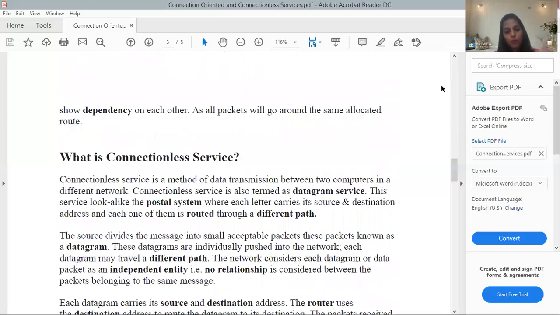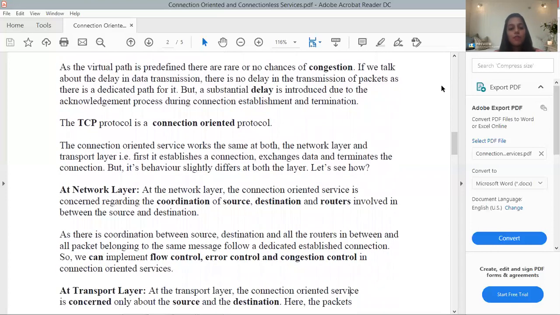And at the transport layer, connection-oriented service is concerned only about the source and the destination, because the transport layer is responsible for what? End-to-end delivery, right? So it only cares about the source and the destination.